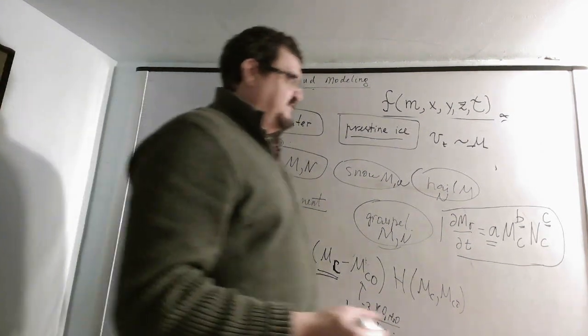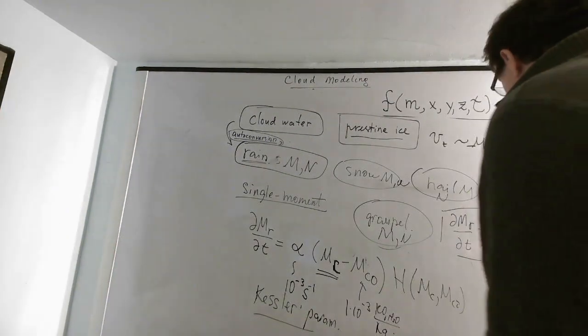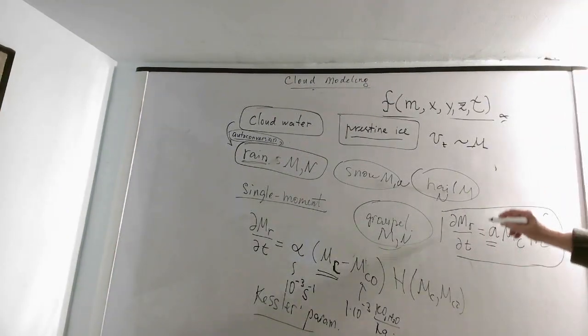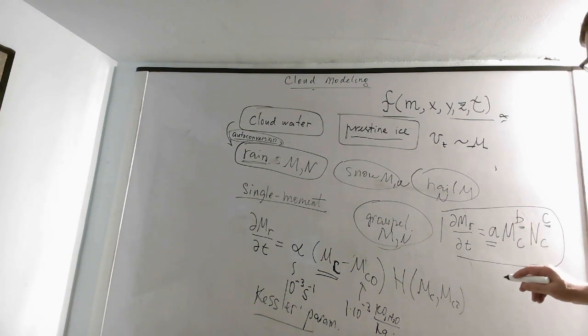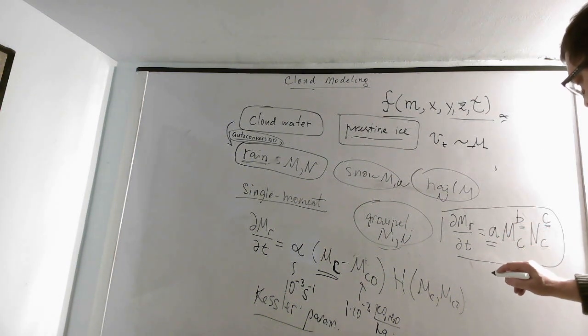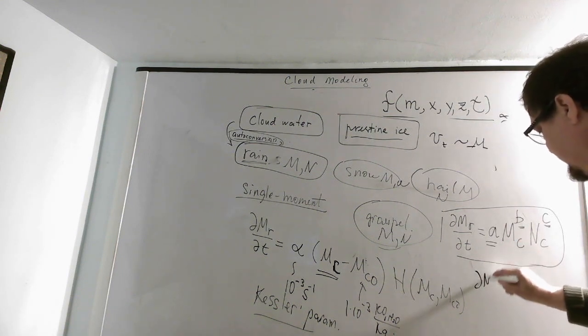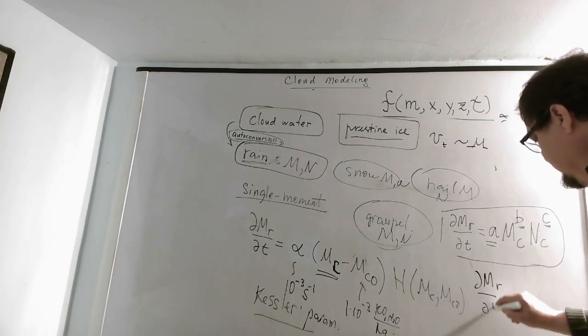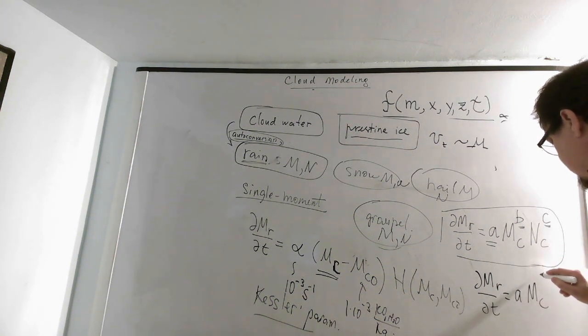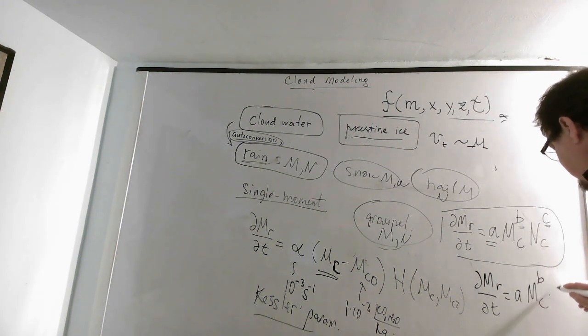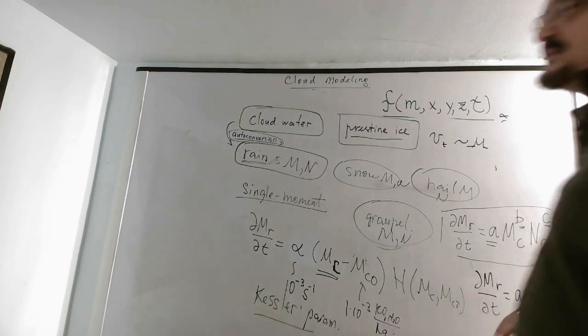And you can eventually arrive at an expression similar to autoconversion: dmr dt equals A times mass of cloud water to some power B times mass of rain itself to some power C. So something like that.